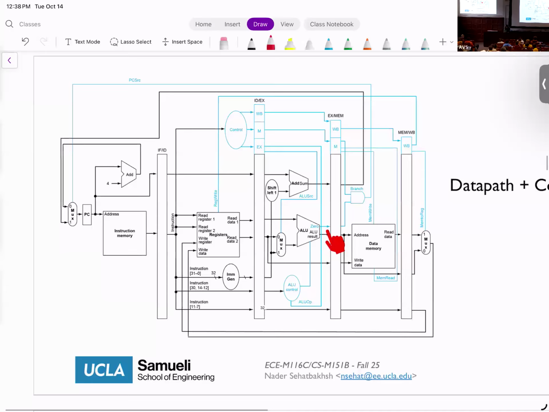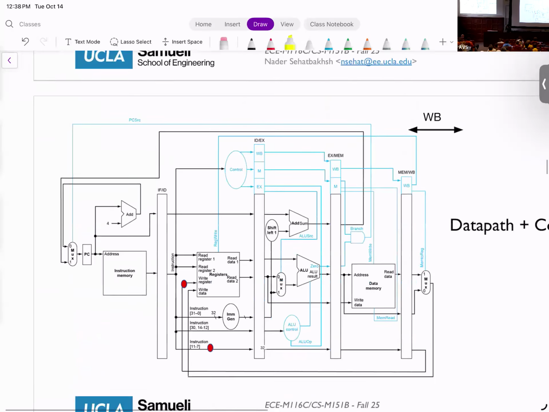As you can see, we also have things like this zero signal, for example, that in the past was just going directly to this branch, but now we are doing the branch at the beginning of the memory stage. Later, when we are talking about branch prediction, we're going to revisit why we are doing this. But just keep in mind these kinds of subtle things that you see in the processor pipeline.